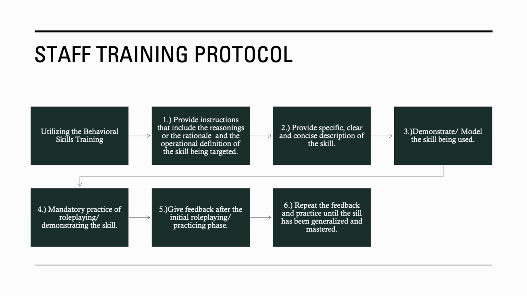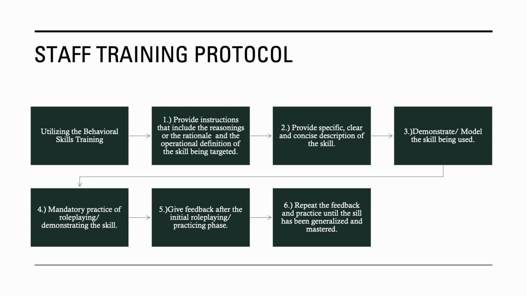which the steps for the behavioral skills training, or BST, is step 1. We provide instructions that include the reasonings or the rationale and the operational definition of the skill being targeted. We then provide specific, clear, and concise descriptions of said skill or skills.